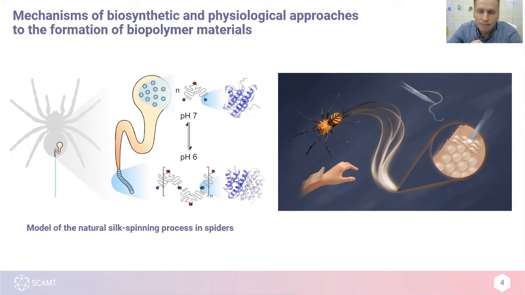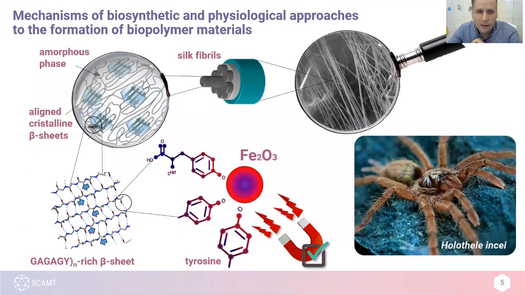Spider web is a unique and very interesting material with excellent biocompatible properties. Next slide. And we have several methods for obtaining materials with different shapes and morphologies, for example, coatings, hydrogels, films, and others. Next slide.